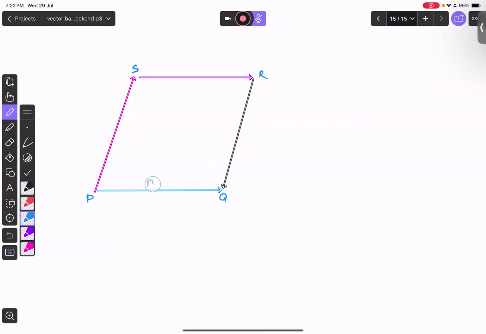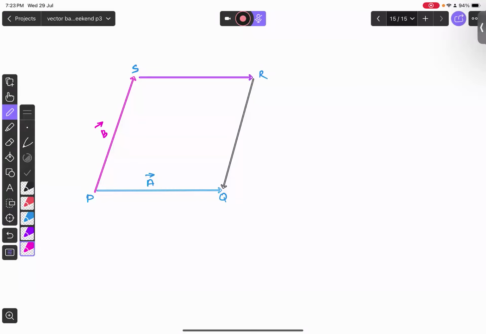Suppose PQ is our vector A and PS is our vector B. So PS arrow we are using to represent vector B. So the QR arrow will be representing B only. But here I have drawn the arrow as RQ.